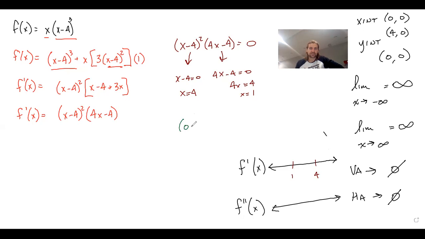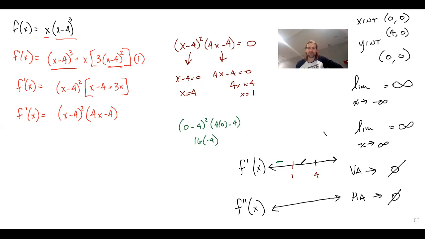So 0 minus 4, squared, times 4 times 0 minus 4. 0 minus 4 is negative 4, and negative 4 squared is 16. 16 times (4 times 0 minus 4), that'd be negative 4. 16 times negative 4 is negative 64. So it's negative. The graph went down, like we thought.